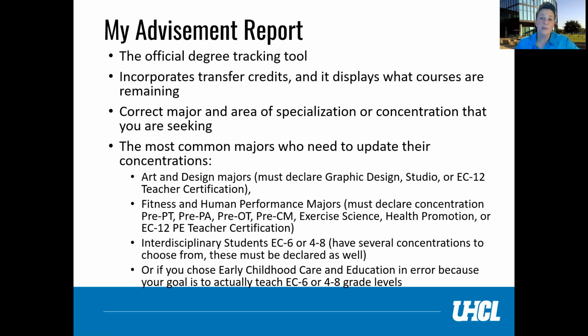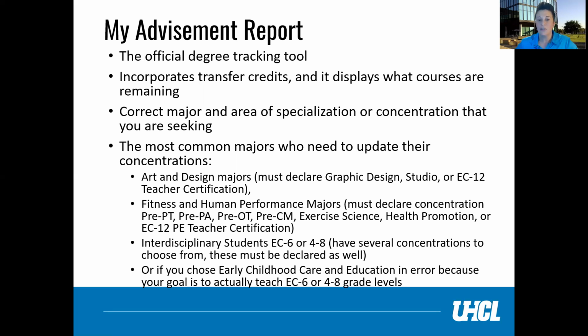I even listed out some of the most common programs that students apply for that they did not list their concentration. Art and design majors have to declare whether they're doing graphic design, studio, or even the EC through 12 teacher certification. Fitness human performance majors also have to declare what concentration they're doing.